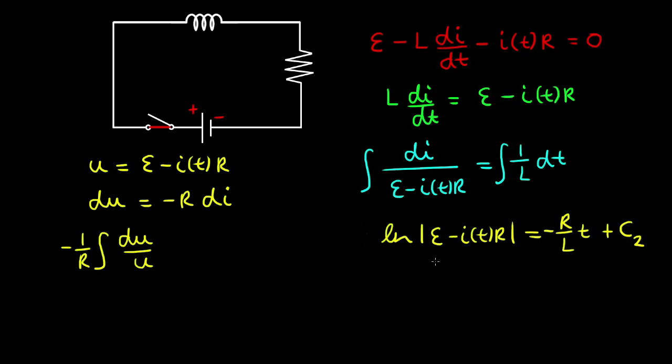Now taking e to the power of both sides, we have epsilon minus I of t times R is equal to e to the minus R over L times t plus C2. This is the same thing as e to the minus R over L times t multiplied by e to the C2. And therefore this here is just another constant.